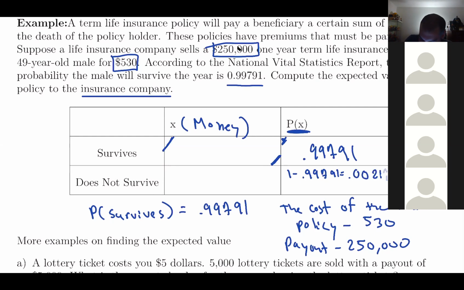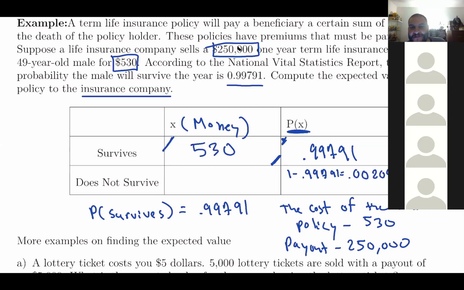There's a little typo right here. That one should be 0.9. Thank you. No, it's not monthly. It's essentially for the entire year. Everybody got it? It's 530. The 530 doesn't say monthly or anything like that.